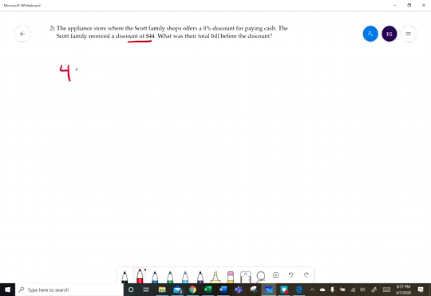So 44 came from 8% of the total. So 44 is 8% of, well, the total bill. That's what's unknown here. That's what we're looking for. So 44 is 8% of what number?